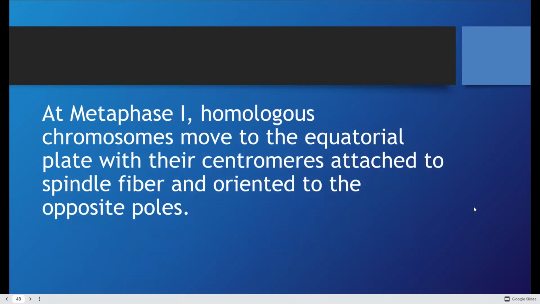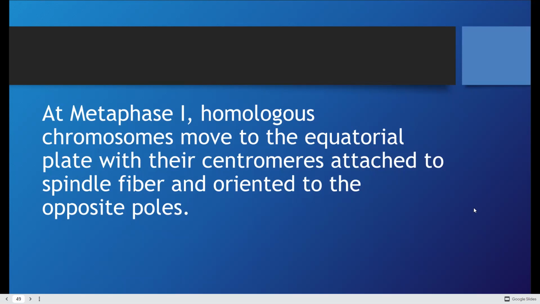The second phase of meiosis 1 is metaphase 1, rather. Homologous chromosomes move to the equatorial plate with their centromeres attached to the spindle fibers and oriented to the opposite poles. So it is now starting to move slowly towards the equator, and because of this there will be alignment of the chromosomes.